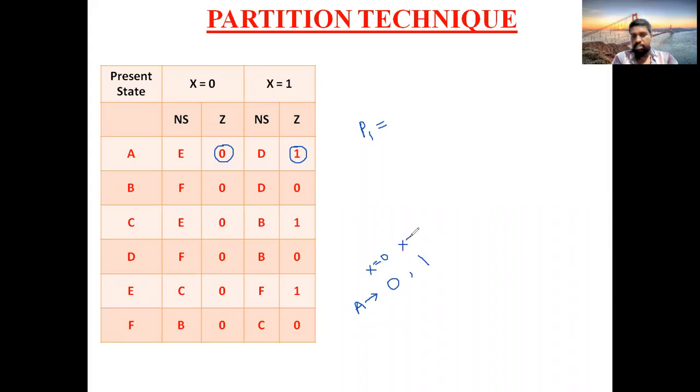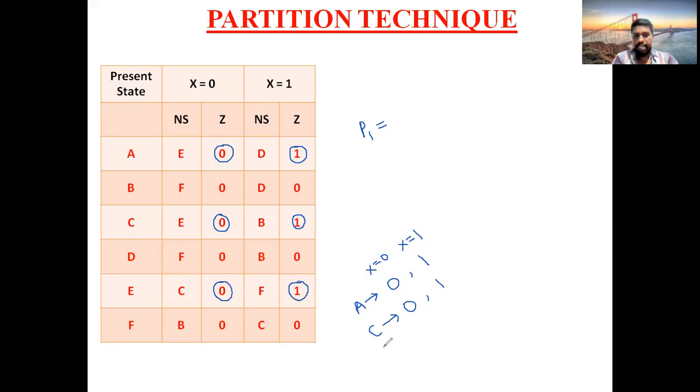Likewise, you verify whether any other state has the same functionality. See here, C is also exhibiting output 0 under x equals 0, as well as output 1 under x equals 1. Next, what about E? Here also we have 0 comma 1.